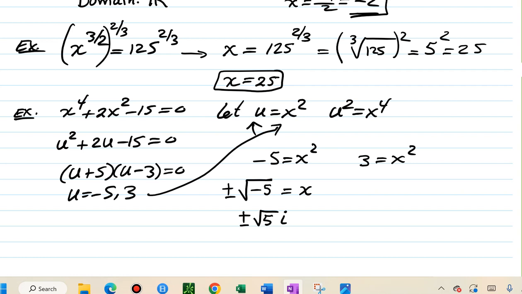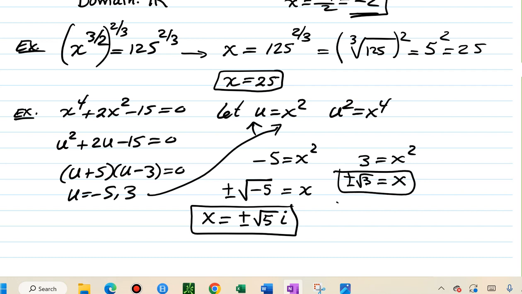So that's going to be plus minus root 5i. That's two solutions. Take the square root of 3 and we pick up 2 more solutions here. So all in all, that was plus minus root 5i and plus minus root 3. There are 4 solutions to this one.